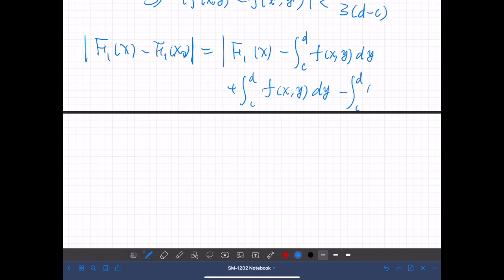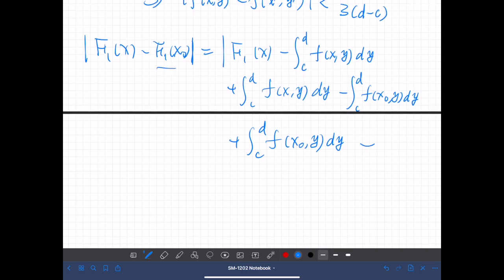Now it's the same integral, but changing the value of x, and add that integral to cancel. And finally, this one. So this is just an equality, right? We just add one term and subtract that term, and add another term and subtract that term.